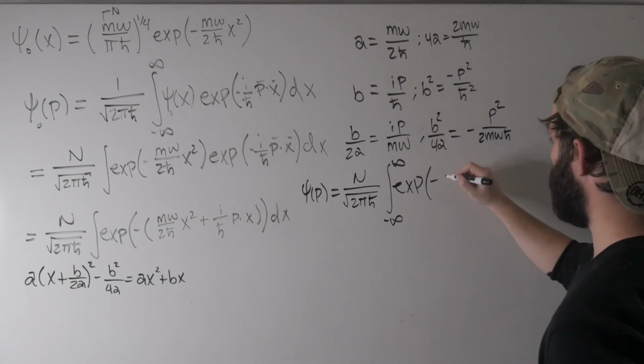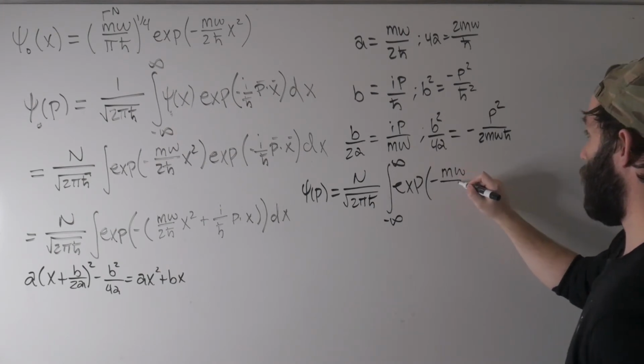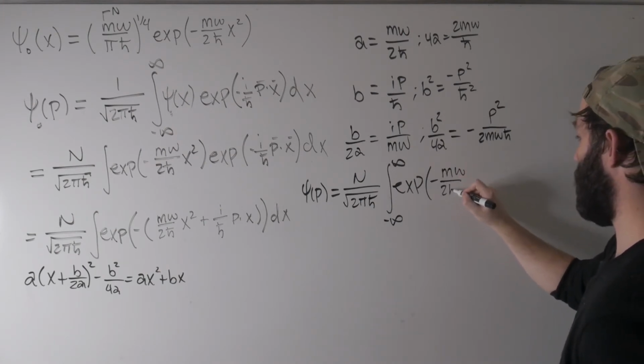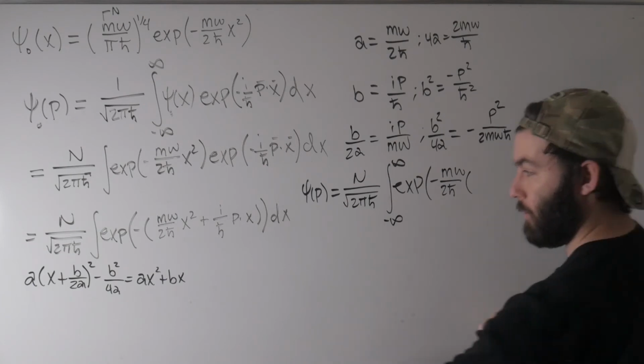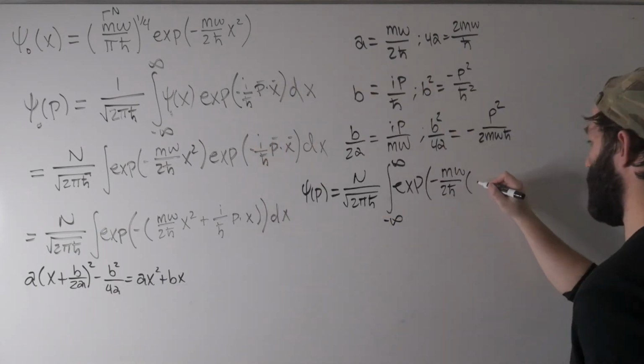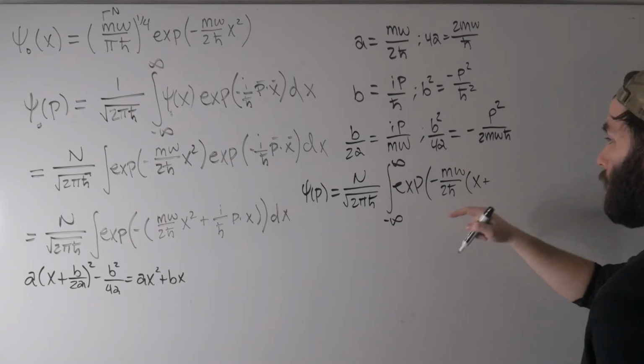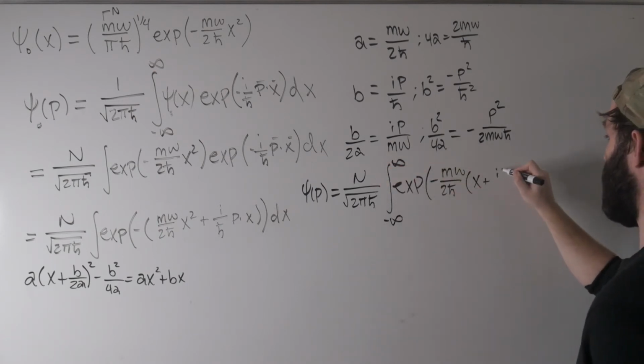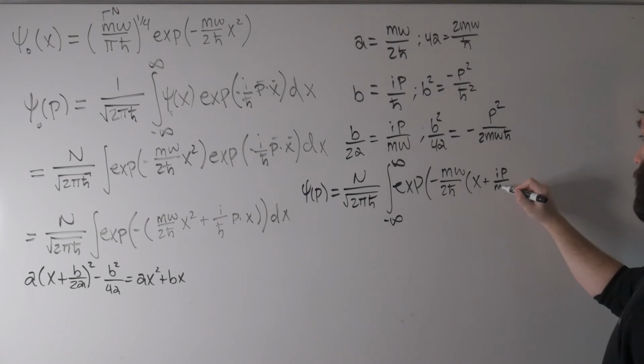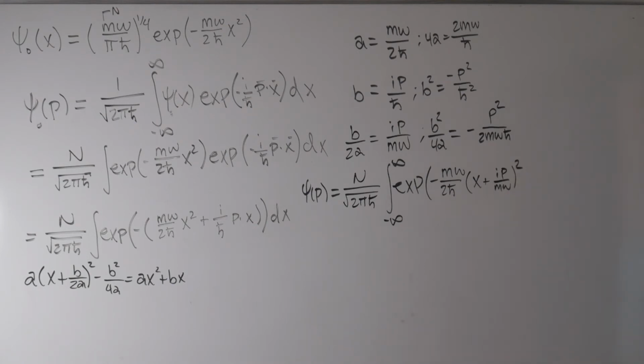M omega over 2h bar. Now our completed square term, so that's going to be an x plus b over 2a, plus ip over m omega, squared.